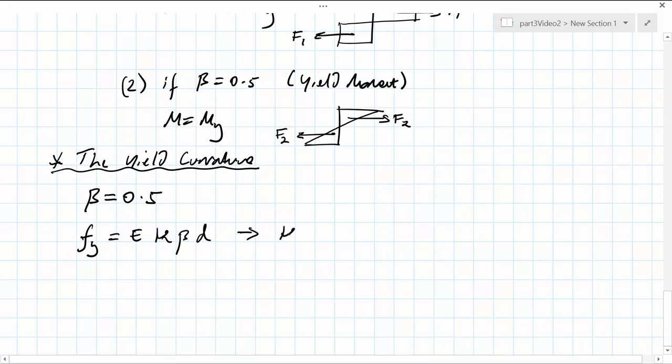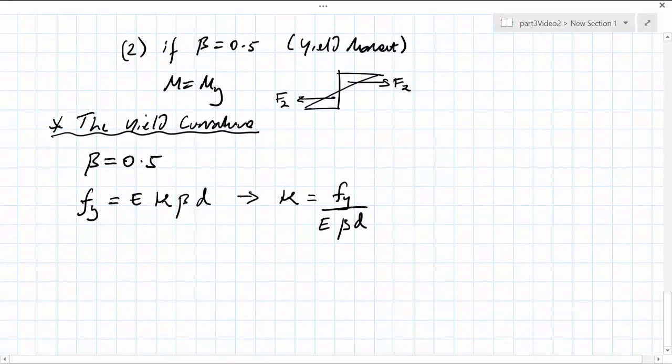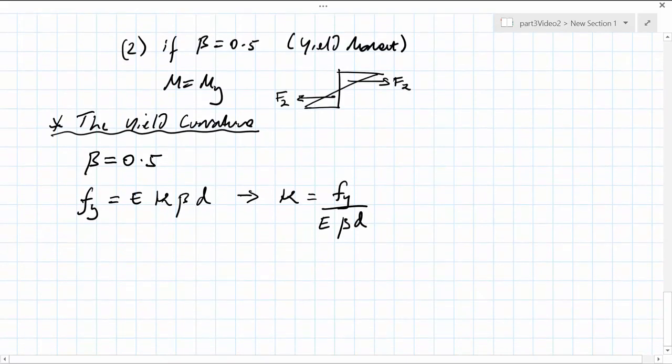That then implies that the curvature kappa is equal to Fy over the Young's modulus times by beta times by d. And substituting in beta being equal to 0.5, the yield curvature is then given by 2 times Fy over E times by d.